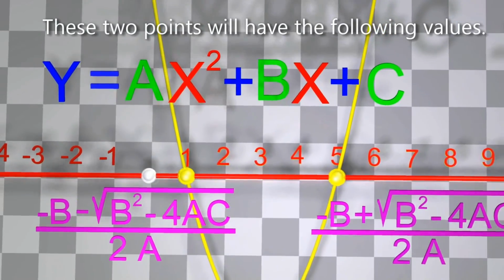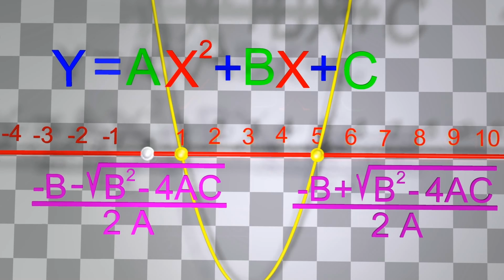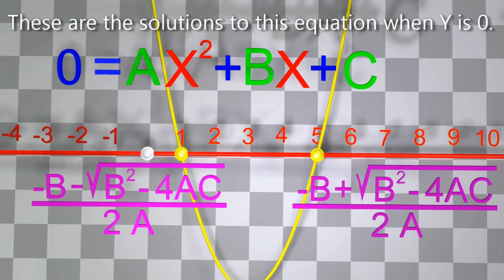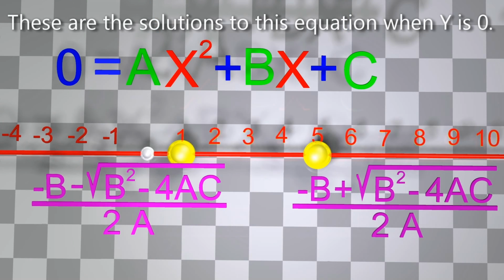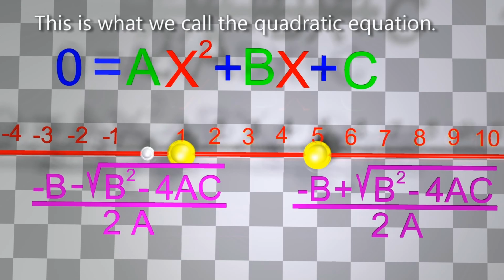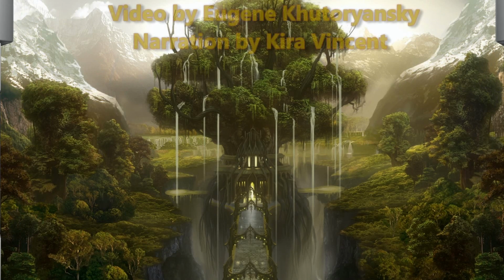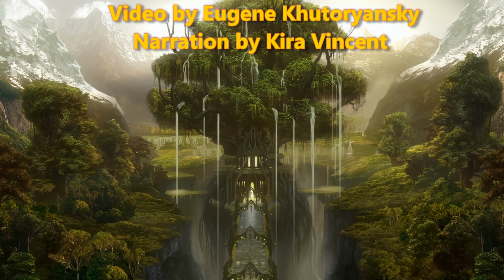These 2 points will have the following values. These are the solutions to this equation when y is 0. This is what we call the quadratic equation. We now know how to solve most of the algebra problems we will encounter in life.